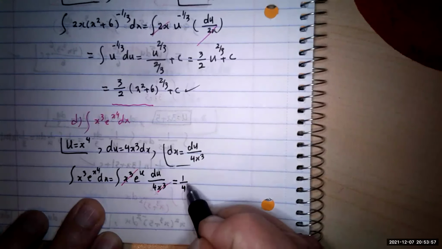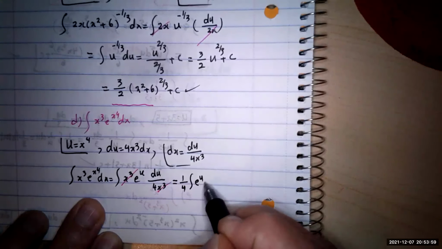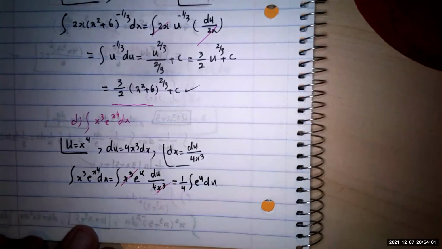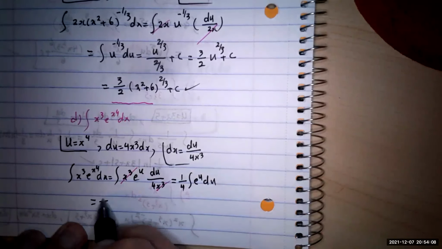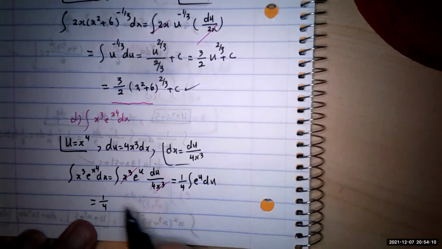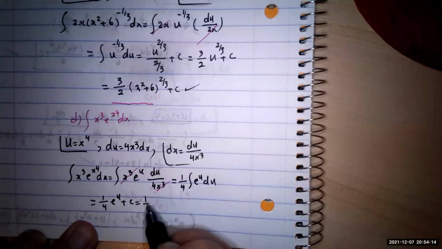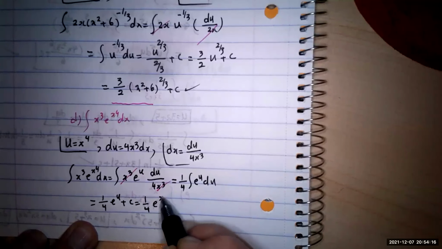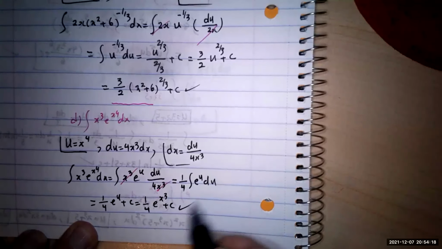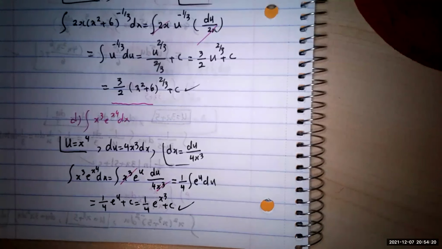So you pull out a quarter, e to the u du, as you expected. And you know that the integral of e to the u would be just e to the u. So it's e to the u plus c. You substitute for the u, so that gives you e to the x to the 4th plus c, the final answer. Any question?